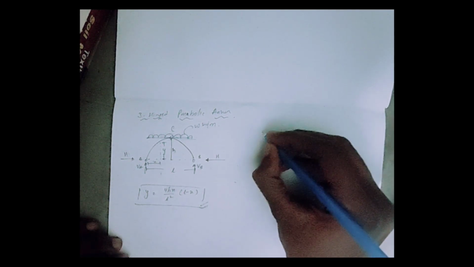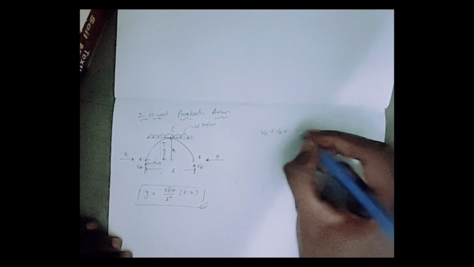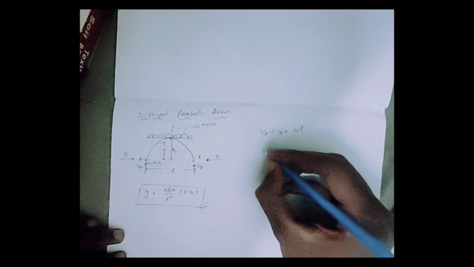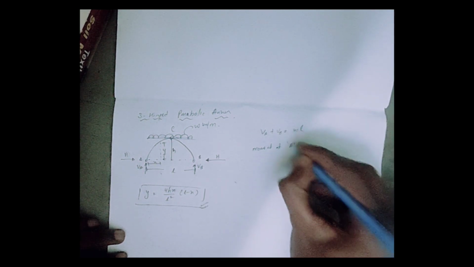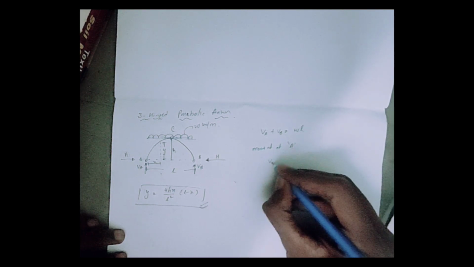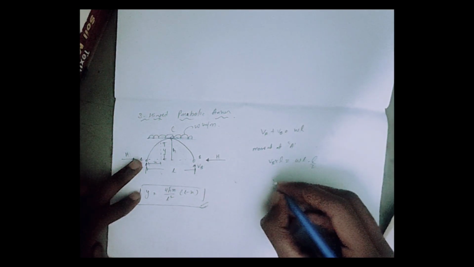Now firstly we can get a relationship that VA plus VB is equal to W into L. So now taking moment at A, we can get that VB into L is equal to W into L by 2. We can get that VB is equal to WL by 2.